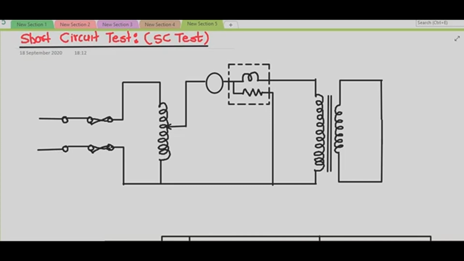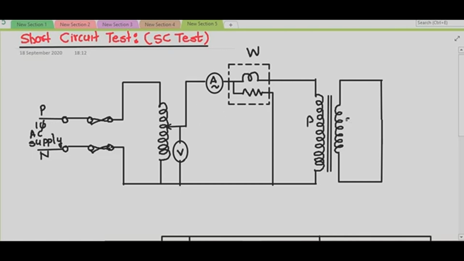So in this method, your primary is connected across a suitable variable low voltage AC supply through an ammeter, voltmeter, and this one is your wattmeter, as shown in the figure.